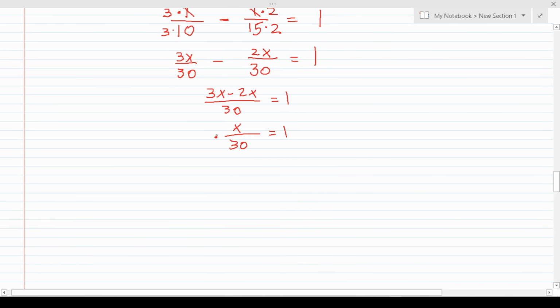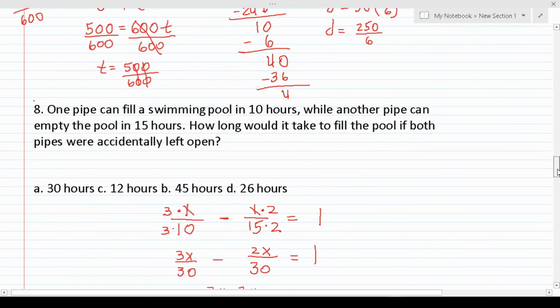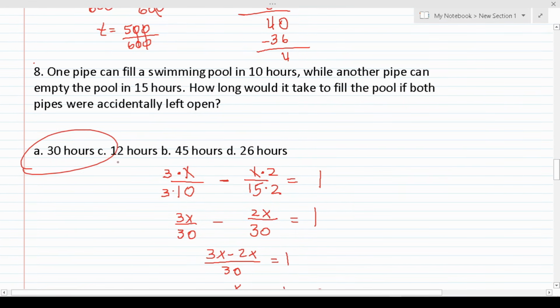So as our next step, we multiply both sides by 30. This crosses out, leaving you with x equals 1 times 30, which is just 30. So if both these pipes are accidentally left open, one of which fills the pool in 10 hours, one of which empties the pool in 15 hours, it will take 30 hours to fill the swimming pool.